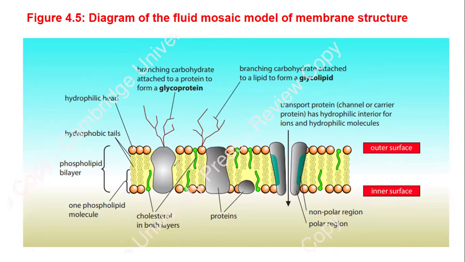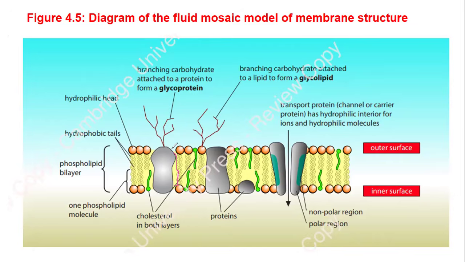When it comes to the proteins, remember proteins are made up of amino acids. Some amino acids are polar, other amino acids are non-polar. So when you look at such a protein that is spanning through the whole surface membrane or the bilayer, you're going to find that this region that is in contact with the hydrophobic tails is going to also be hydrophobic, meaning it is made up of hydrophobic amino acids.